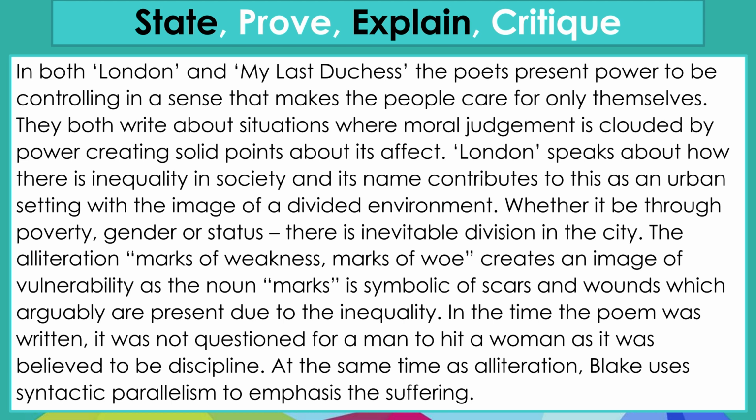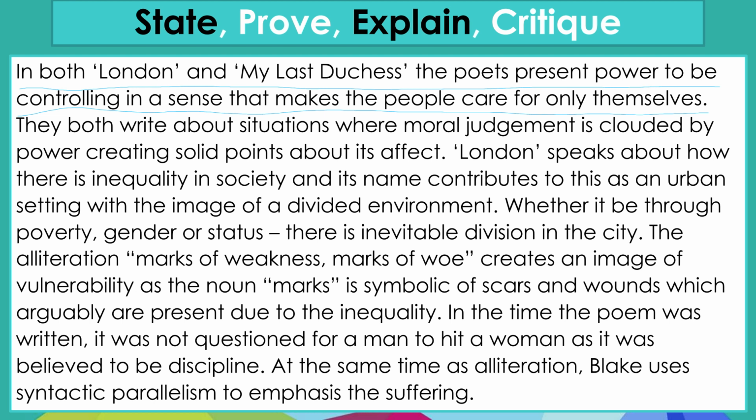So hopefully you can already see a difference between the two students. One is definitely more confident vocabulary-wise, but also statement-wise. So for me, it's that introduction. It's the first two sentences that really set off in both London and My Last Duchess, groups them together straight away.